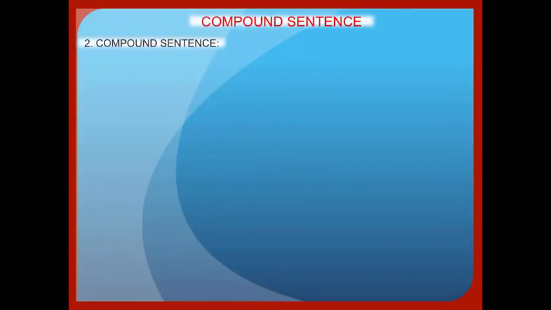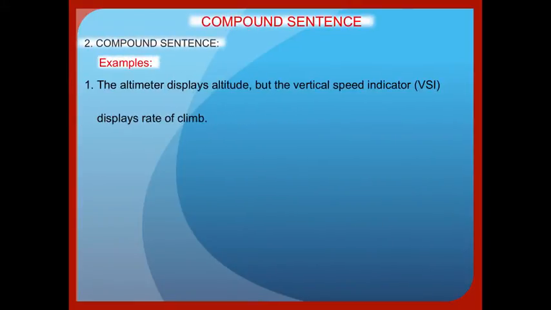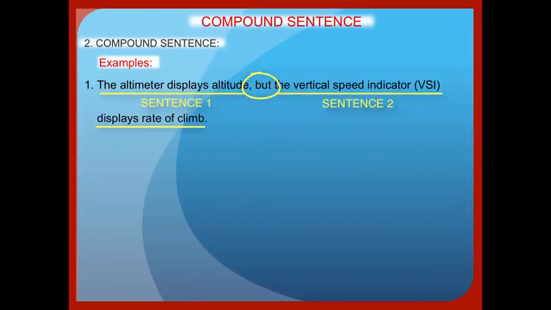For example, the sentence, the altimeter displays altitude, comma, but the vertical speed indicator, VSI, displays rate of climb, connects two independent clauses with the coordinating conjunction but.